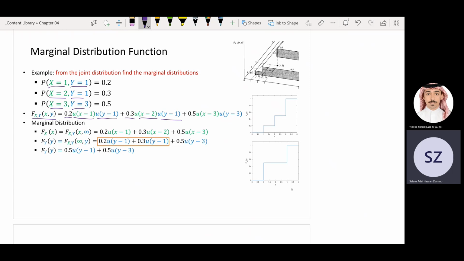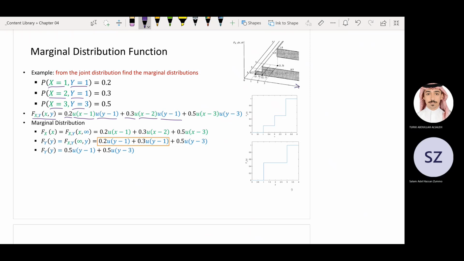This CDF is equal to 0 for numbers x less than 1 and y less than 1, right? What is the probability that x is less than 0 and y less than 0? It cannot happen, 0.